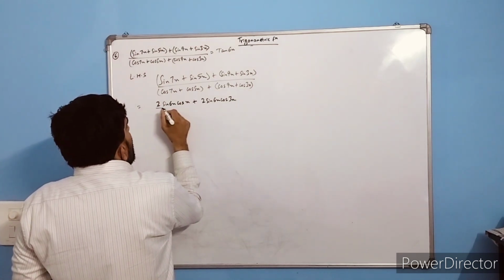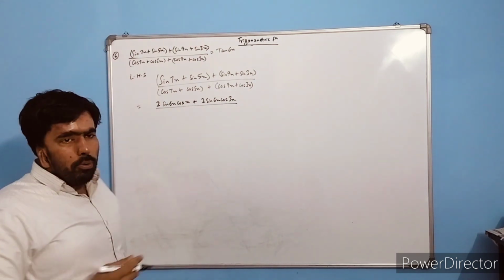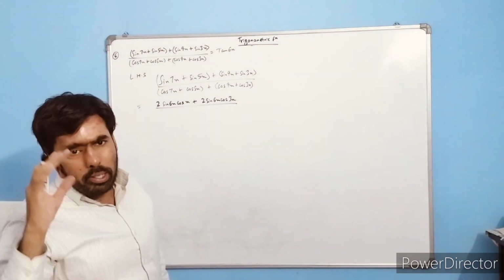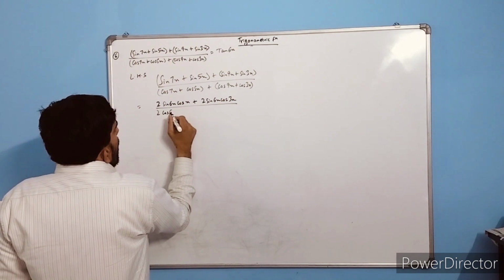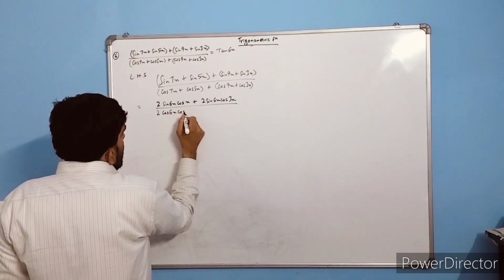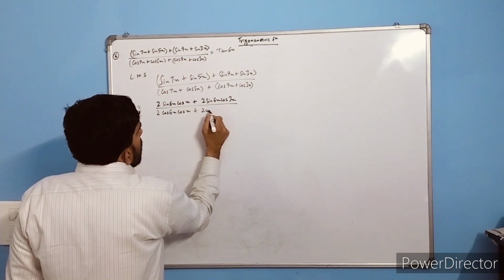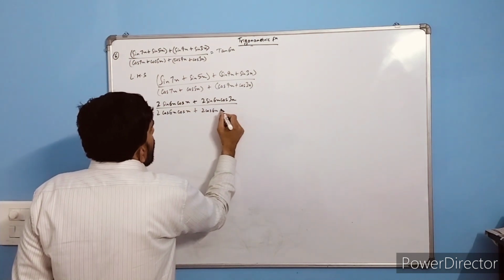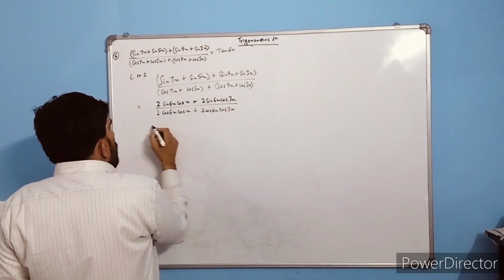Okay. So now for cos x plus cos y, 2 cos x plus y by 2 cos x minus y by 2. So 2 cos x plus y by 2 cos x minus y by 2 plus 2 cos x plus y by 2 cos x minus y by 2.